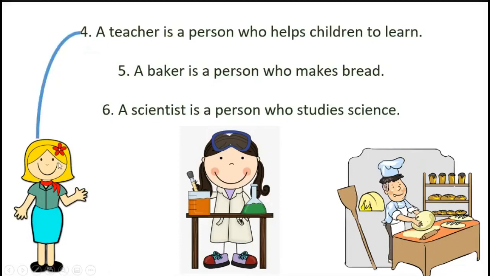Yes, that is a correct picture. A baker is a person who makes bread. Yes, that is the right picture. A scientist is a person who studies science. Yes, that is the right picture. Good job, everyone. Now, let's look at part 2.